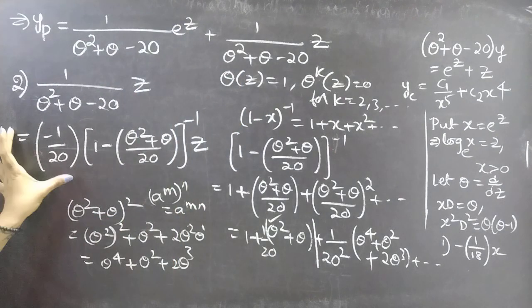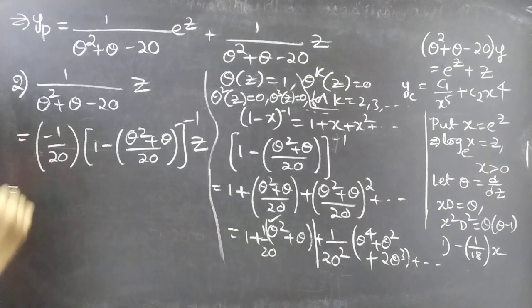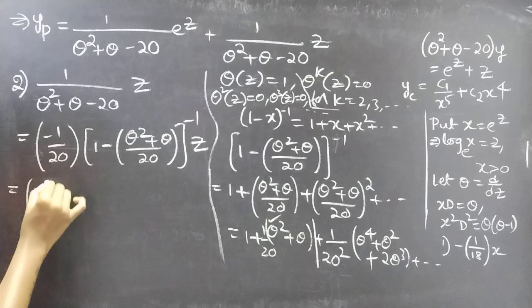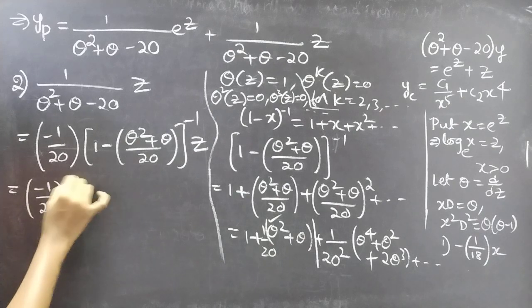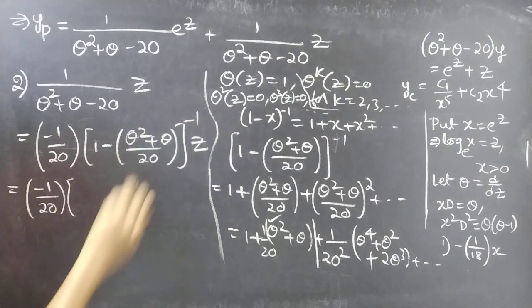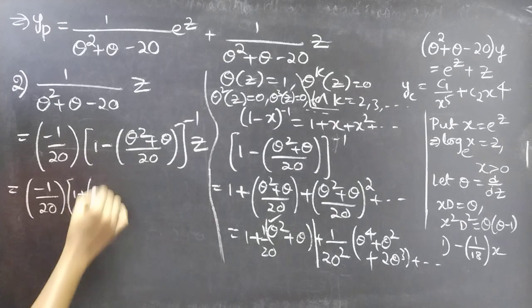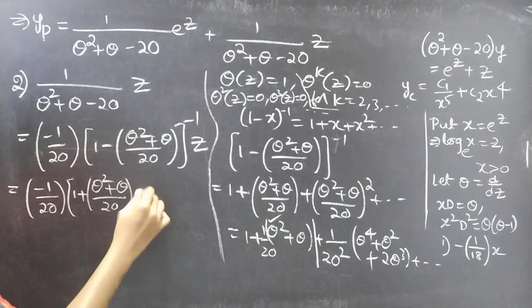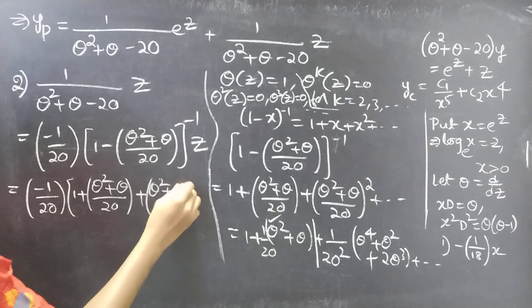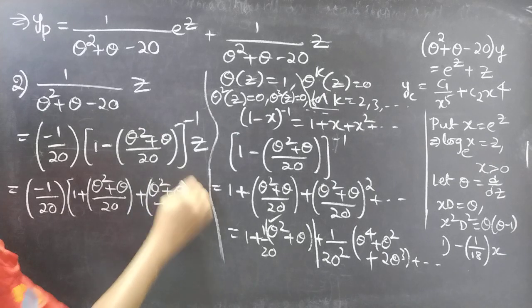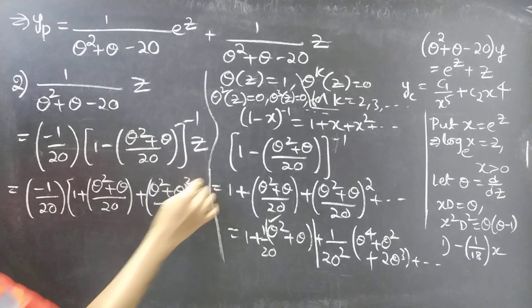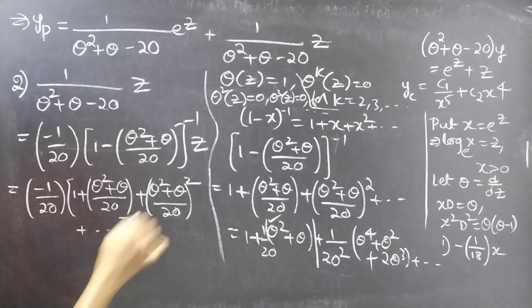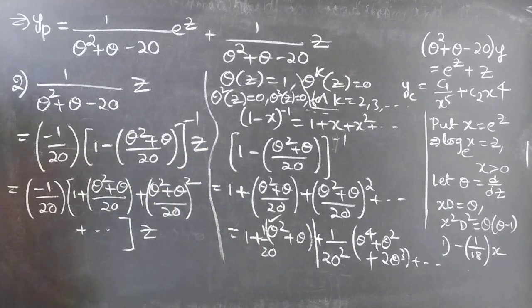Now coming to the second one, this becomes minus 1/20 into the expansion of (1 - x)^(-1), which is 1 + (θ² + θ/20) + (θ² + θ/20)² + and so on, into z, right?